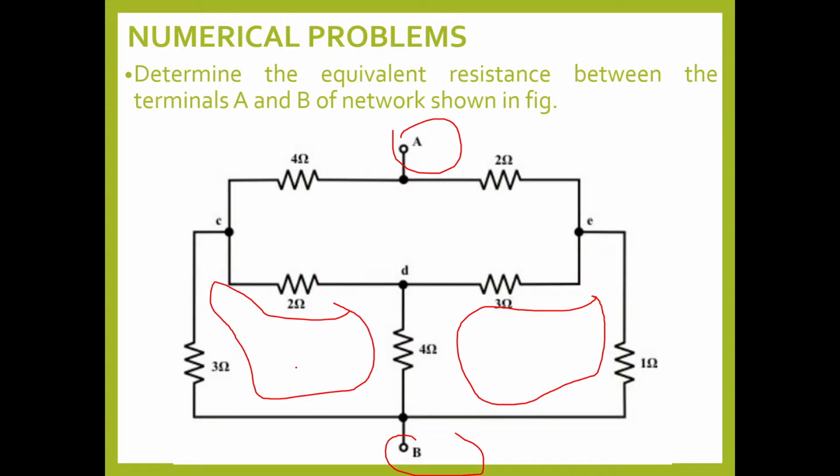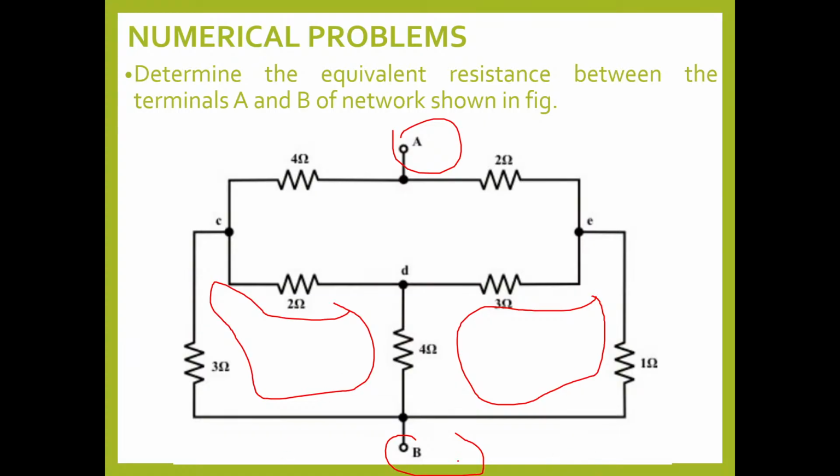Sometimes while reducing the given network, we have to go for the star delta reduction method. Here in this given circuit, it is not easy. Without star delta conversion, you can't simplify the given circuit.